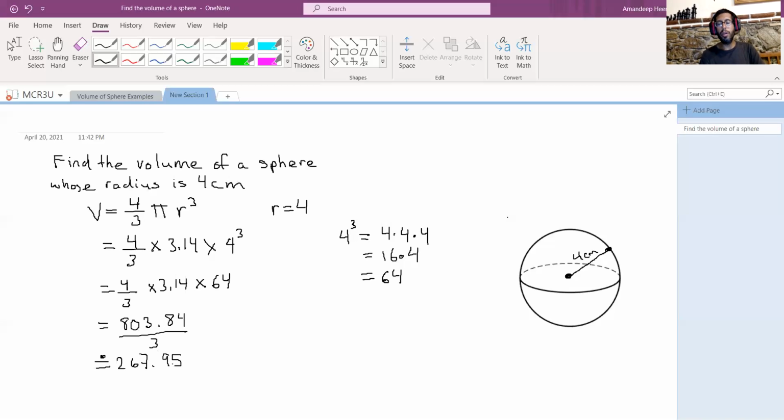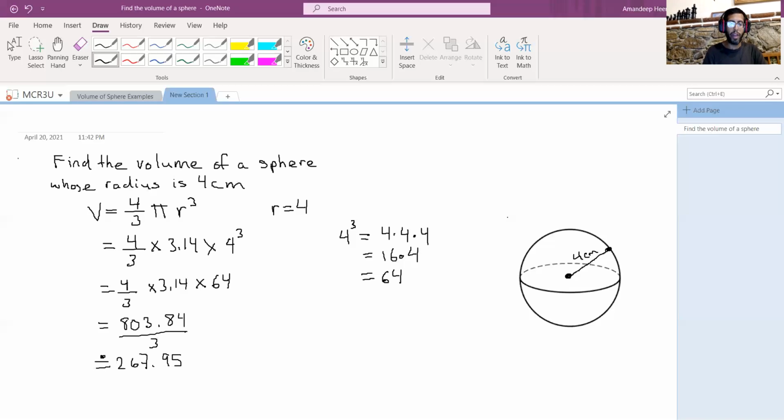Remember, volume is measured in feet cubed, centimeters cubed, inches cubed. It's measured by unit to the power of 3. The radius is measured in centimeters, so therefore the volume is going to be measured in centimeters cubed.